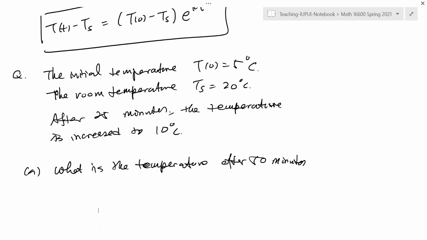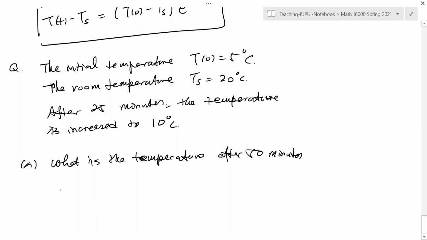To solve this problem, you need to go back to the formula. The room temperature is 20, and the initial temperature of the object is 5, e to the k times t.